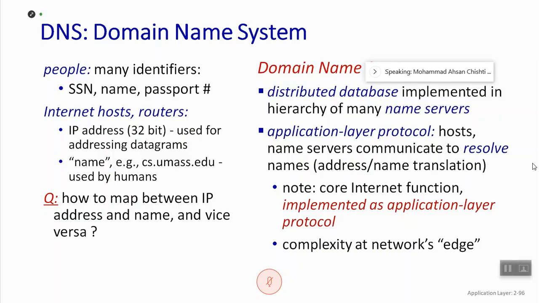If I tell you this is Yahoo, that one is NIT, it's easier to remember. In that case, we use a naming methodology which we call domain names. Domain names are simply equivalent names for an IP address. You have nitc.ac.in, and we have an equivalent IP address for that where it's stored on a web server.